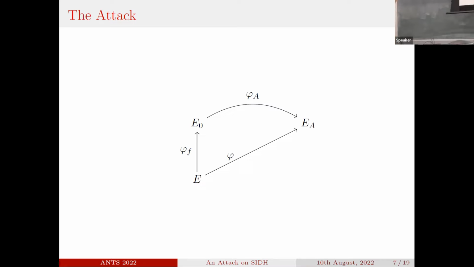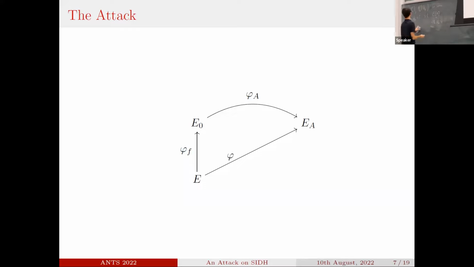So to recover phi A, we need to compute phi A of PA and phi A of QA for some PA and QA over E, such that the A torsion group of E is generated by PA and QA.